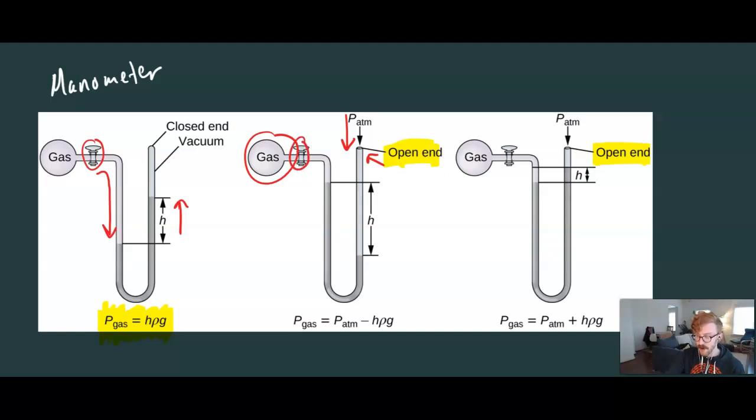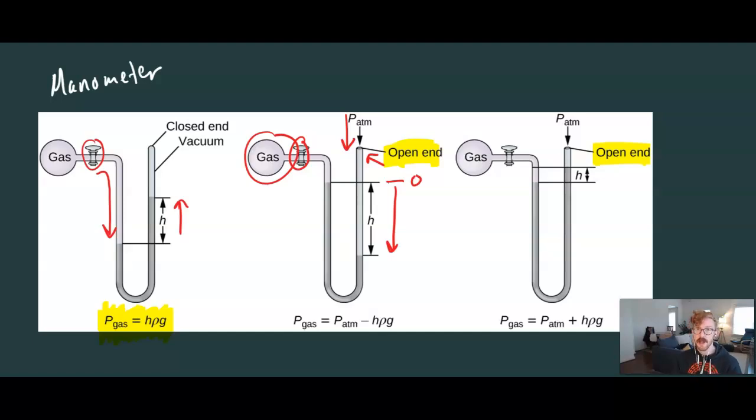So if we open up this valve to our sample gas, and that sample gas is not pushing with 1 atmosphere of pressure, or 760 millimeters of mercury, or 760 torr, whatever unit you want to use, then if it's less than 1 atmosphere, the atmospheric pressure will push down the liquid mercury, and we will measure a net negative displacement in the liquid height in our manometer. You can imagine a case, not shown here, where the gas sample pressure is exactly equal to 1 atmosphere, then you would measure a net 0 displacement in the liquid height.